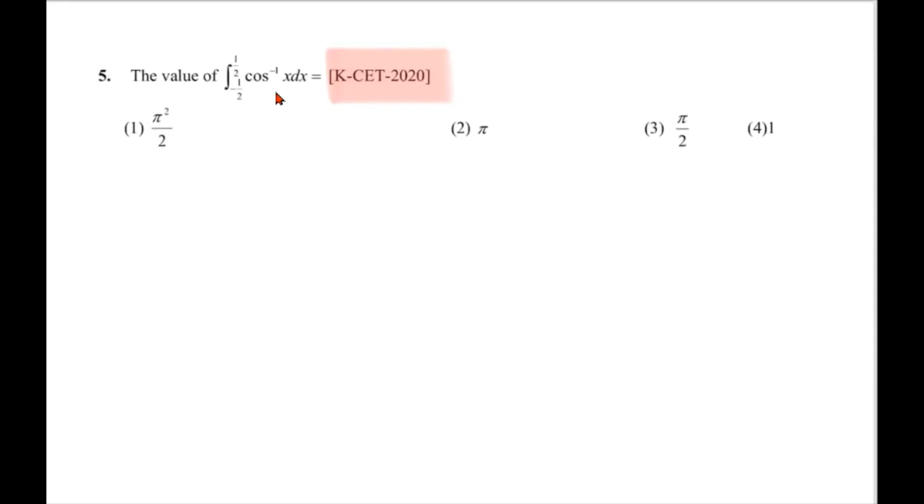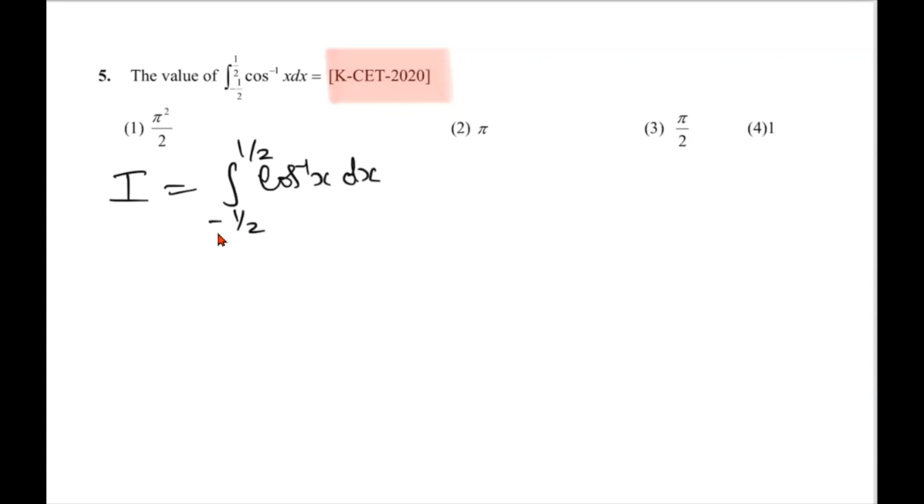Fifth question is taken from KCET paper 2020. Integral from minus 1 by 2 to 1 by 2 cos inverse of x. So we shall take I as integral from minus 1 by 2 to plus 1 by 2 cos inverse x dx.